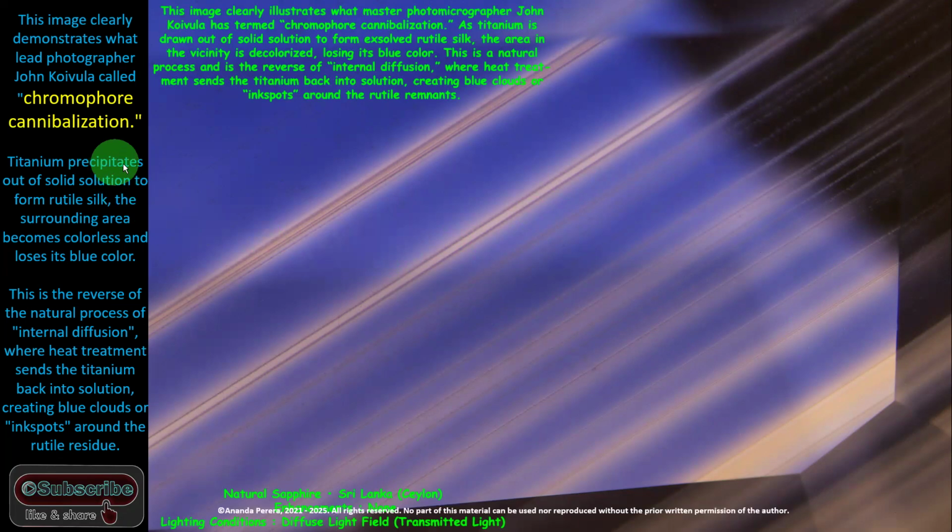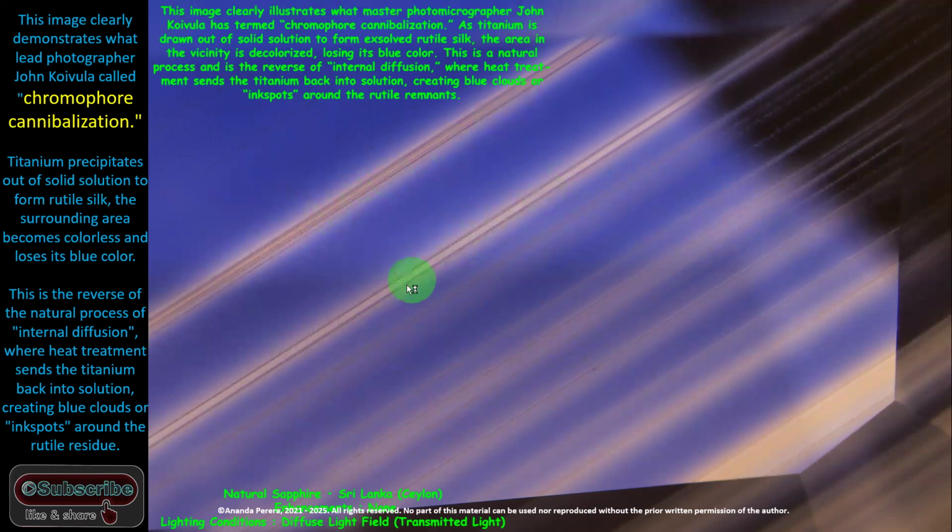Titanium precipitates out of solid solution to form rutile silk. These are the rutile silks. When the stone is forming, titanium precipitates out of solid solution to form rutile silk. The surrounding area becomes colorless and loses its blue color.